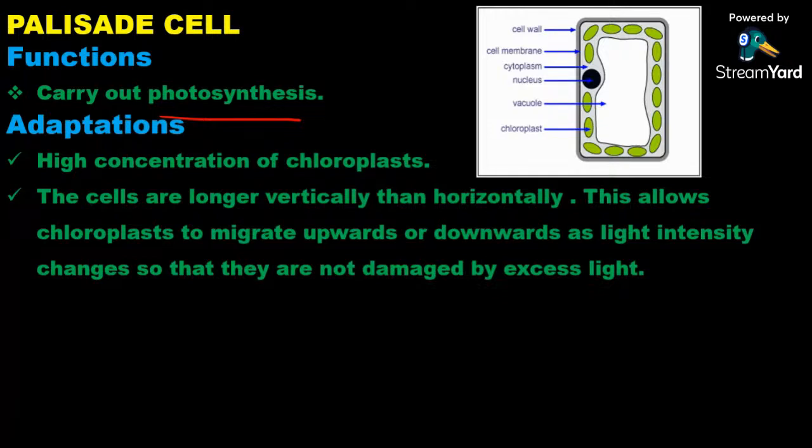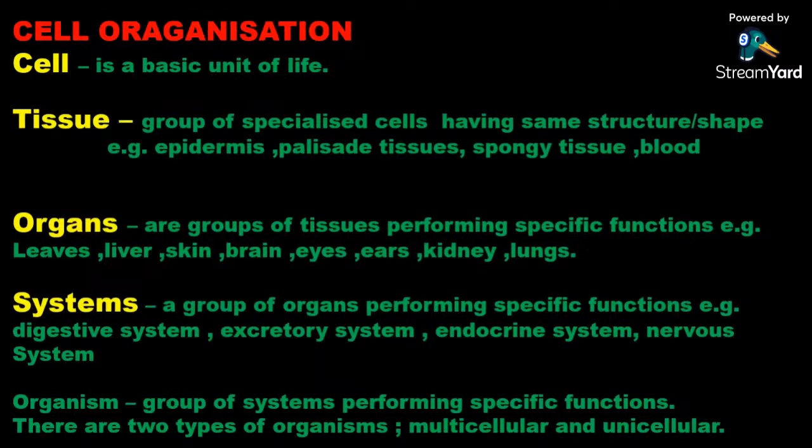Chloroplasts contain chlorophyll, which absorbs light energy. But you have to know that photosynthesis takes place in the chloroplast of the plant. Then the cells are longer vertically than horizontally, and this allows the chloroplasts to migrate upward or downward as the light intensity changes so that they are not damaged by excessive light. So that is one of the adaptations.